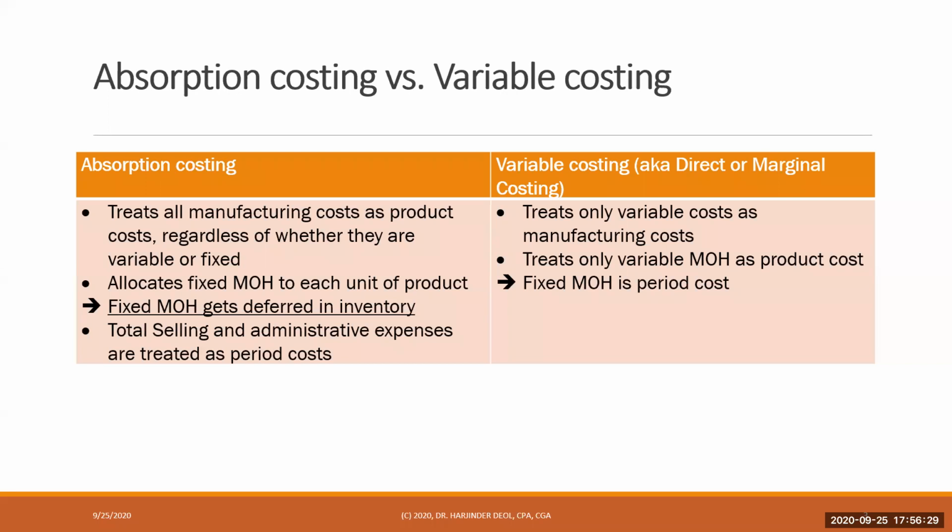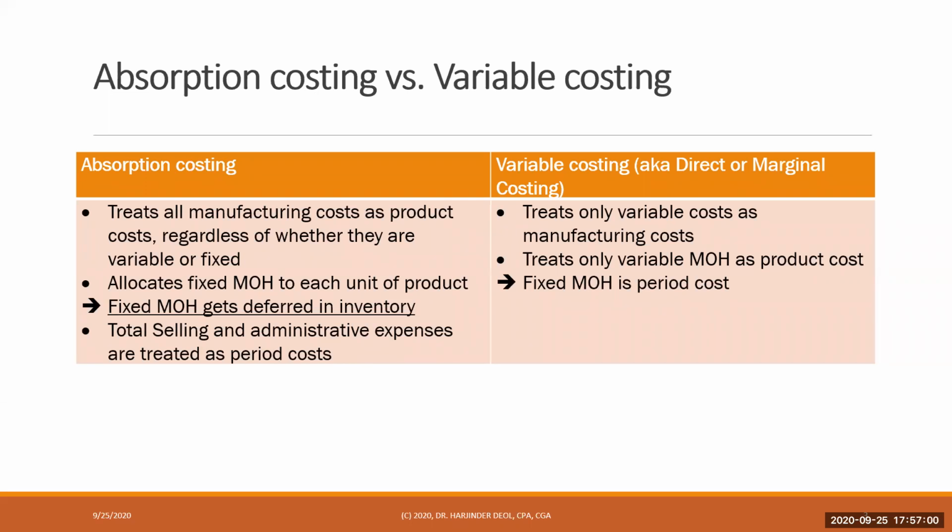The manufacturing overhead that is fixed in nature is thus included in each unit of production. So what ends up happening as a result is that the fixed manufacturing overhead gets deferred in ending inventory if it is unsold. Only the selling and administrative expenses are considered as period costs under absorption costing.